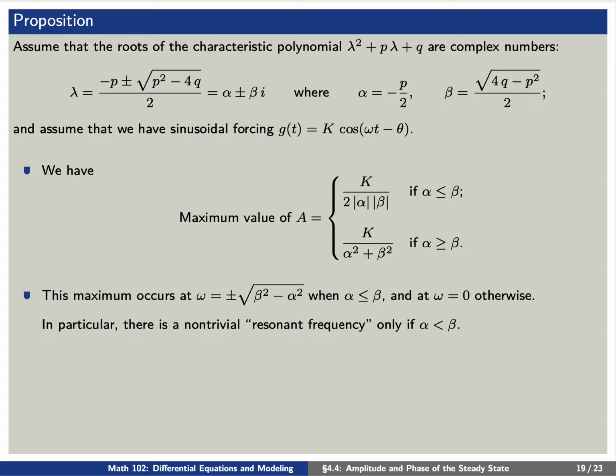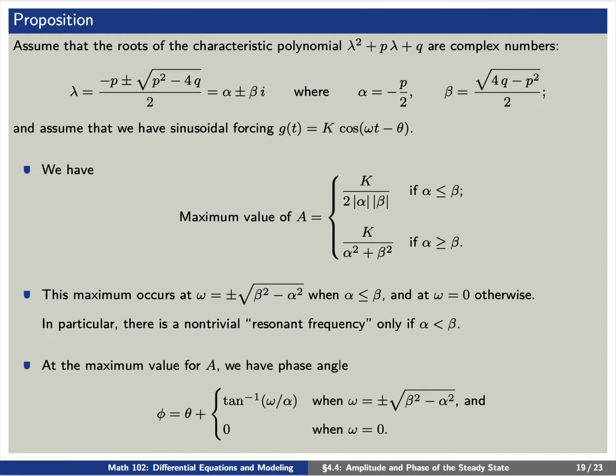That is, we may have some type of damping. Typically, we only use the word resonance if alpha is equal to 0. There is no damping. But we can see that we do have a peak in the amplitude A for some value omega as long as alpha is less than beta.